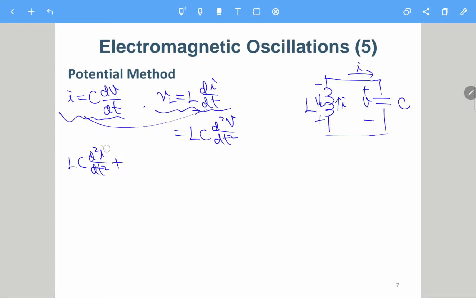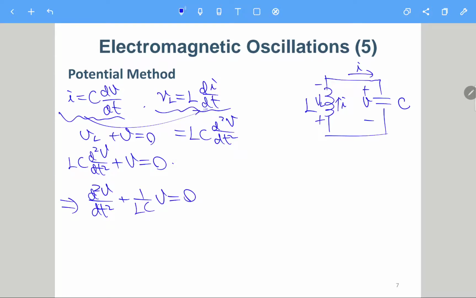So this is V, and VL plus V is 0 because you're going from this point, going up and then going up. So V plus VL should be 0, or maybe the voltage drop going back to this point is 0. So you can have d2V dt2 plus 1 over LC V equals 0.